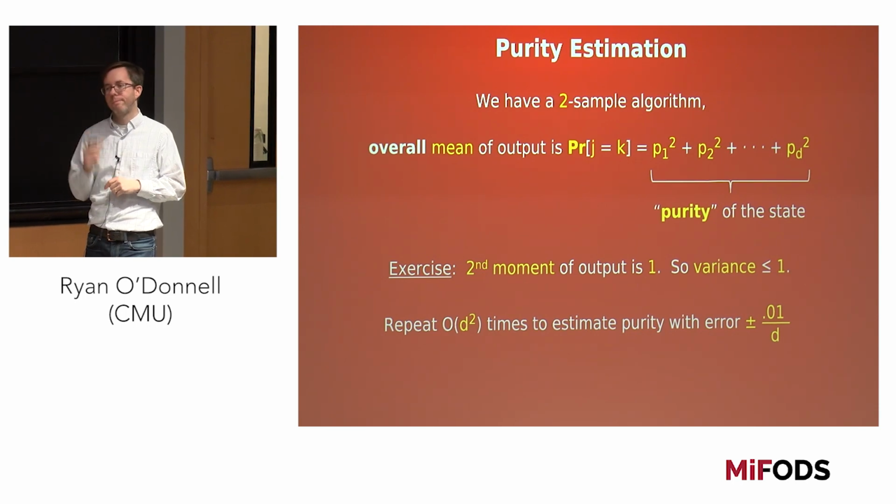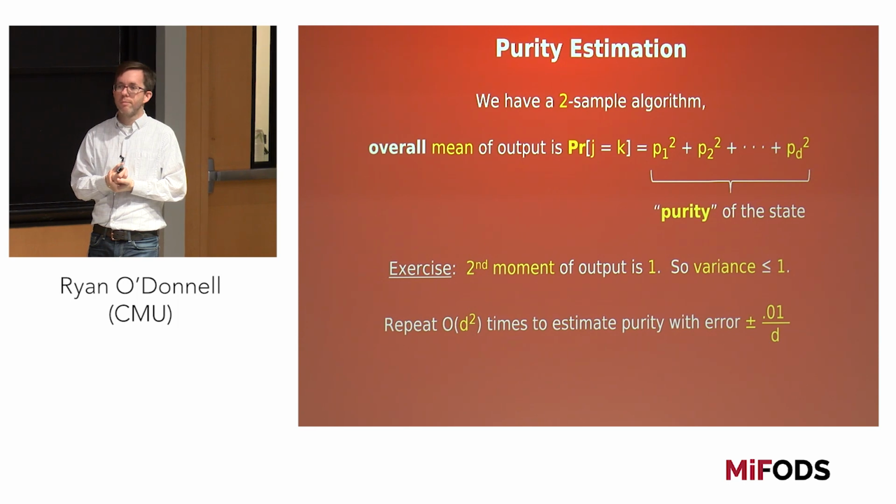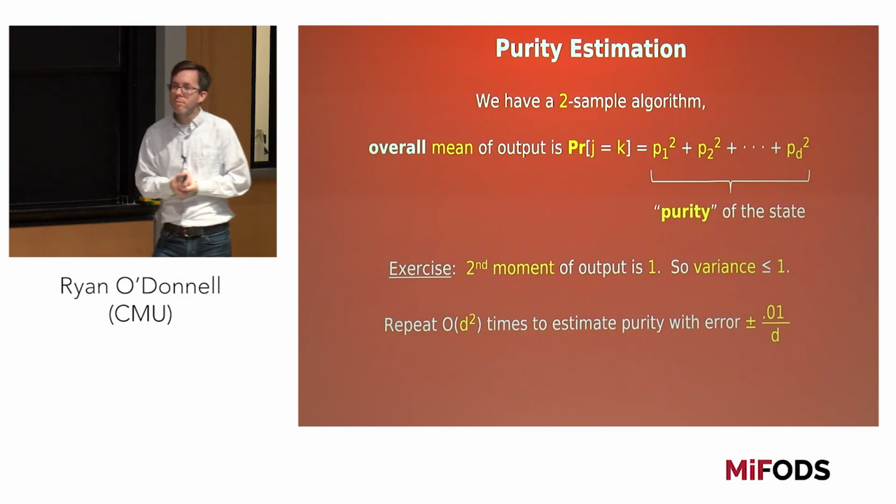Yeah, right. But let's say that there's an order of D overhead to doing this. The quality of this estimator does not depend on D. So if I want to know whether the purity is 1 or 1/2, the number of samples I need does not grow with D if I use this 2-sample estimator.